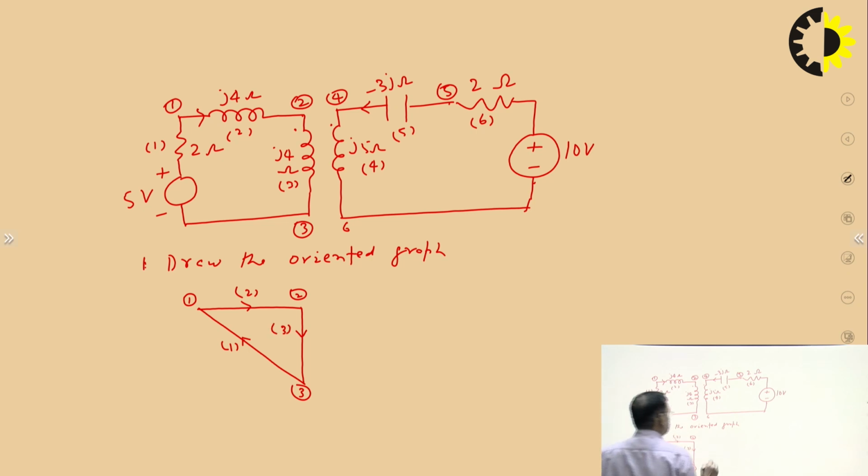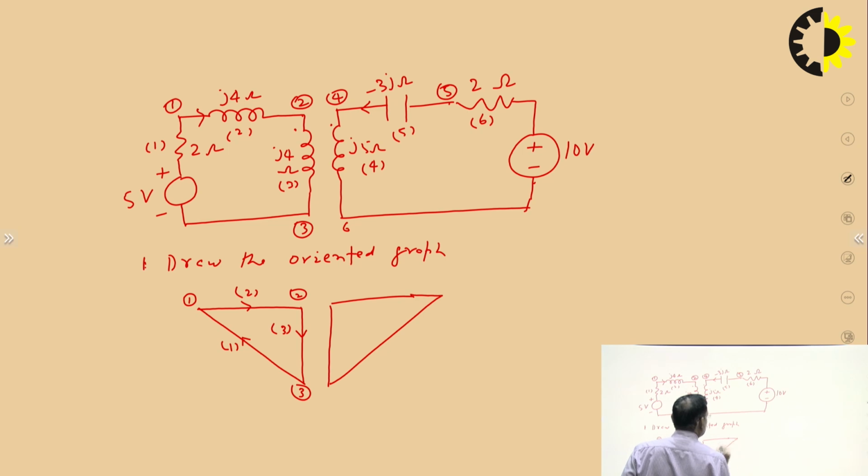So this is branch 6, this is your 5, and this is your 4.